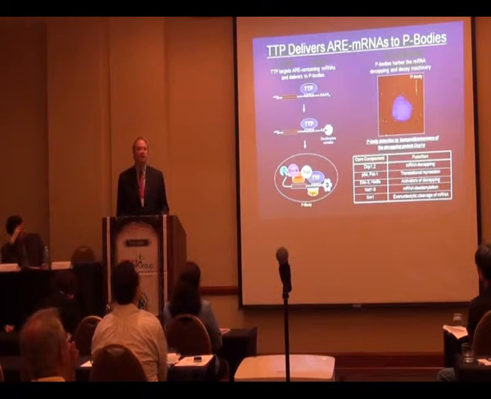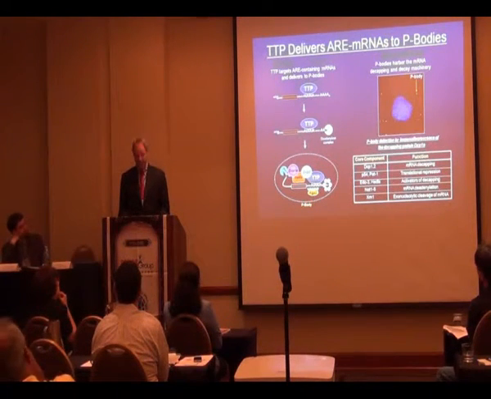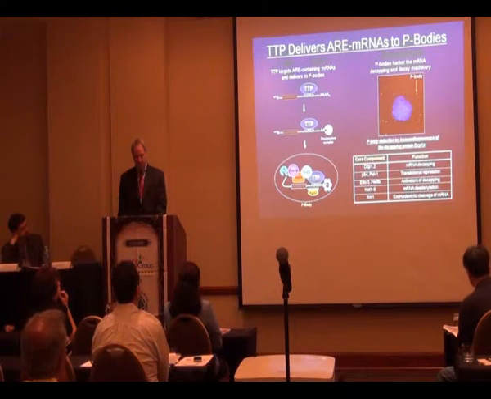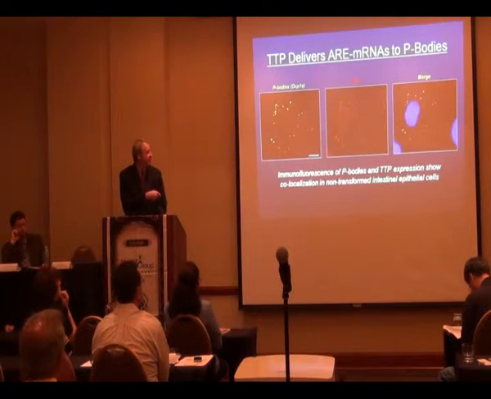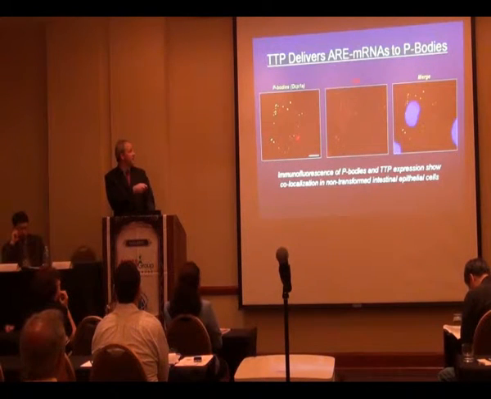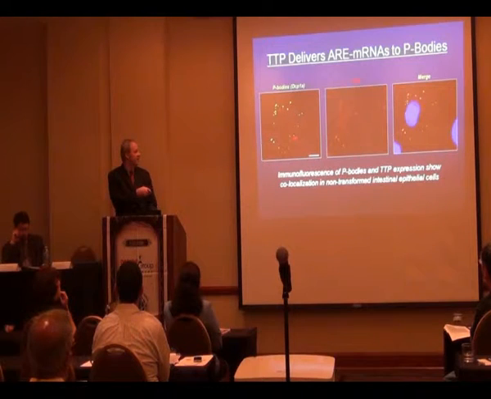And TTP brings mRNAs like COX-2 to these dots so that their expression can be controlled. And this is just illustrating this. I don't know how easy this is to see, but if you stain cells for a P-body component, one this decapping protein called DCP1A, you can see a lot of dots.